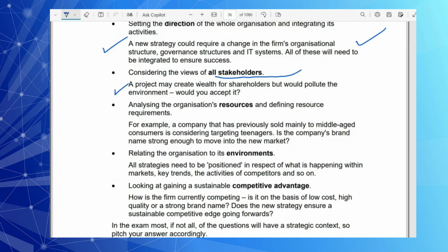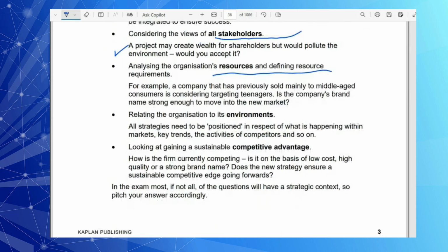And the organization's resources, defining the resource requirement. How many resources does the organization have to produce, or to perform, and its ability to control the environment. In this example, they have mentioned a company that has previously sold mainly to middle-aged consumers and is considering targeting teenagers. Is the company's brand name strong enough to move into the new market, relating the organization to its environment?